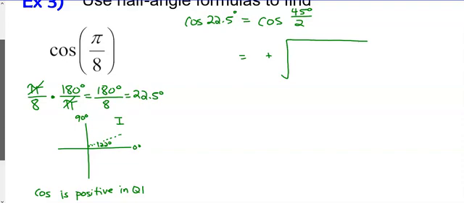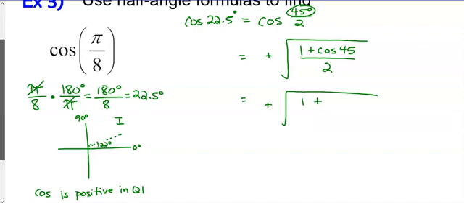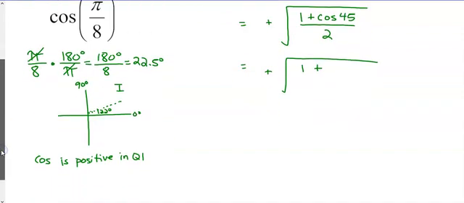And then the cosine formula is 1 plus cosine of 45. So we are using a number we are familiar with. I'm just going to write that down for now, over 2. Now we need to add to our picture a 45 degree angle.